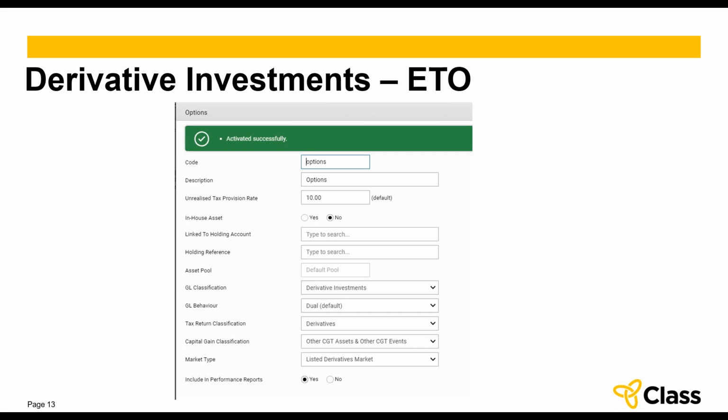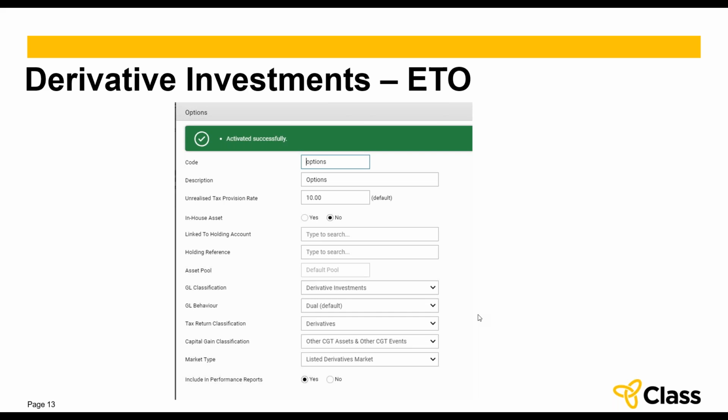The way you set up options, obviously, you set up the option investment account or option asset liability account, with the description ETO or ETO trading account. But the most important thing is it is a CGT asset, so you can select other CGT assets or CGT events.